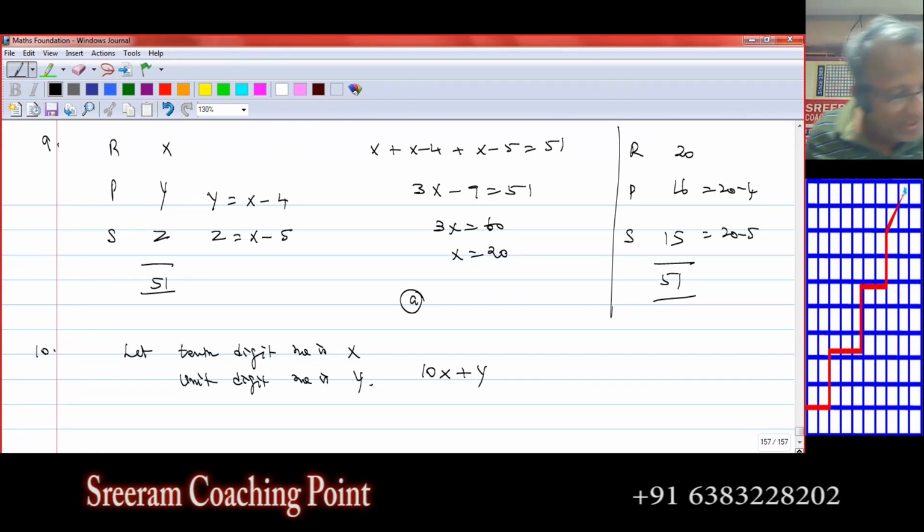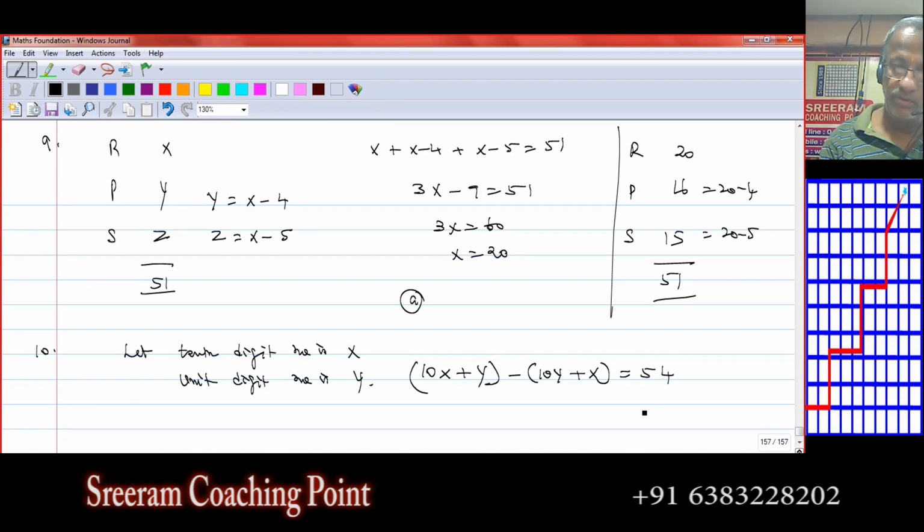If the digits are reversed, minus 10Y plus X equal to 54. First and foremost, they have mentioned that 10th digit number is 3 times the unit digit. So X equal to 3Y. Okay, this is equation number 1.